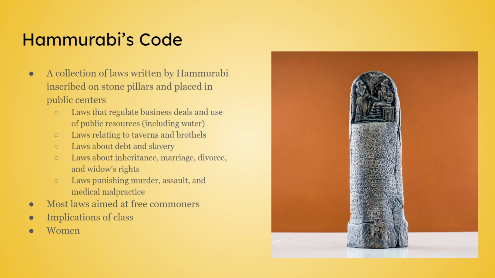Others say, if a man's wife has her husband killed on account of her relationship with another male, they shall impale that woman. If a man should carnally know his daughter, they shall banish that man from the city. If a man selects a bride for his son, and his son carnally knows her, after which he himself then lies with her, and they seize him in the act, they shall bind that man and cast him into the water.